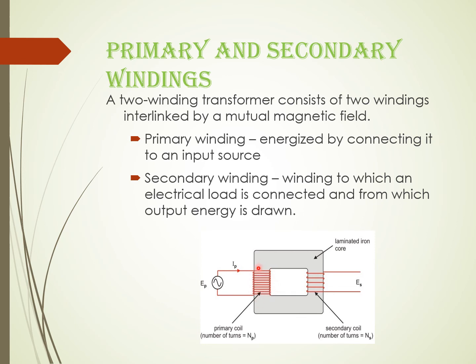This is the primary coil, and this primary coil is connected to an AC source, and this coil is energized by this AC source. Whereas the secondary winding, at this winding, electrical load is connected, and from which output energy is drawn through these 2 points.